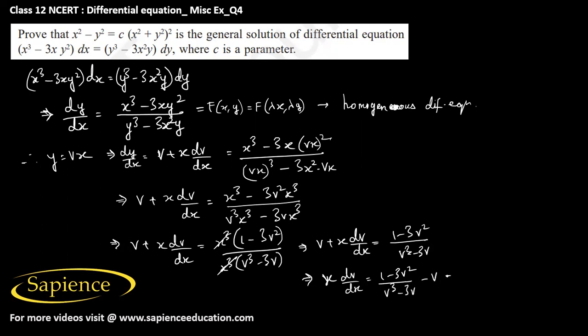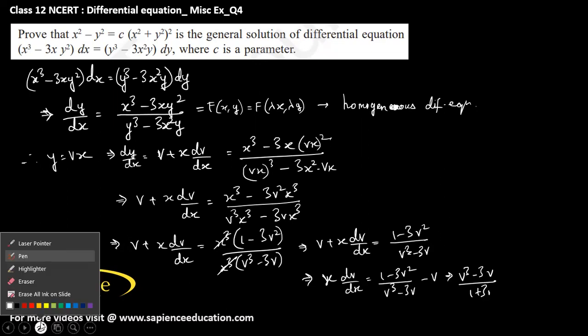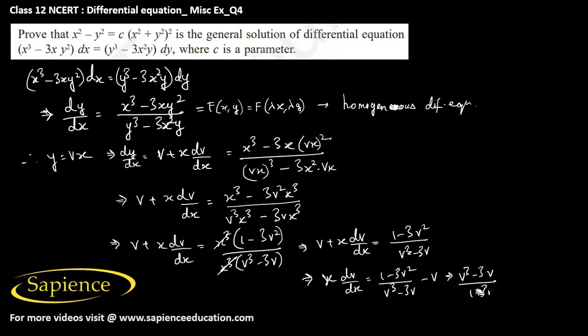Okay. So this will be (v³ − 3v) divided by (1 − 3v²)... (v³ + 3v)/(1 − 3v²) dv equal to dx/x.